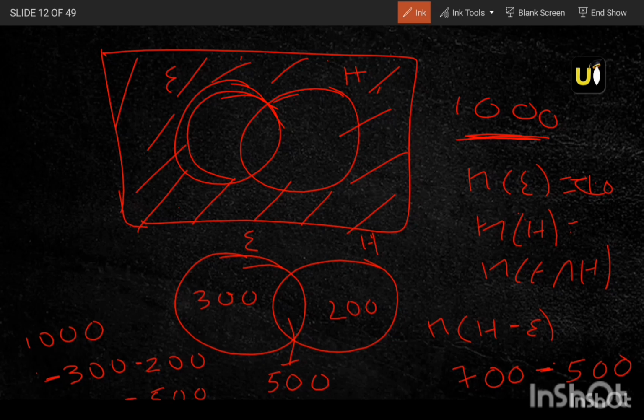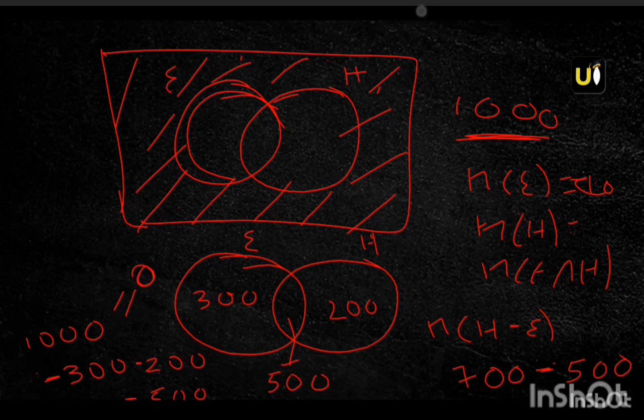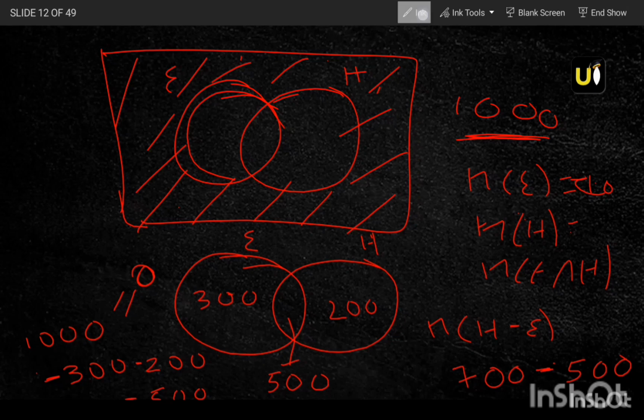That means 1000 minus 1000, which is equal to 0. That means there is no student in the whole set of 1000 students who likes neither English nor history.